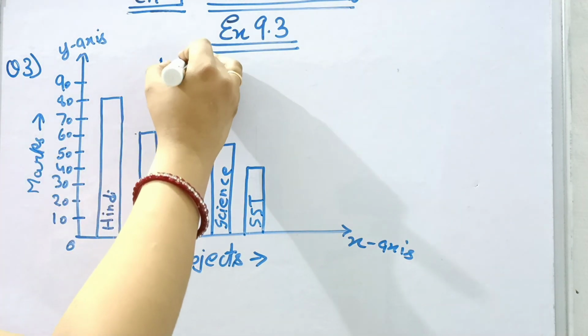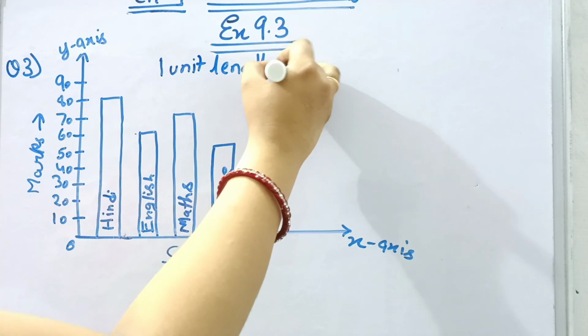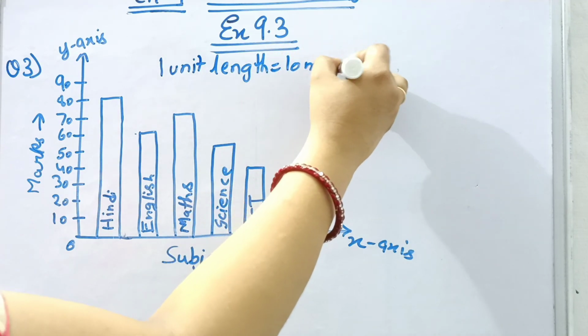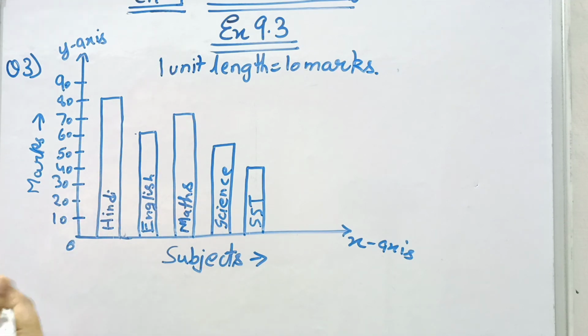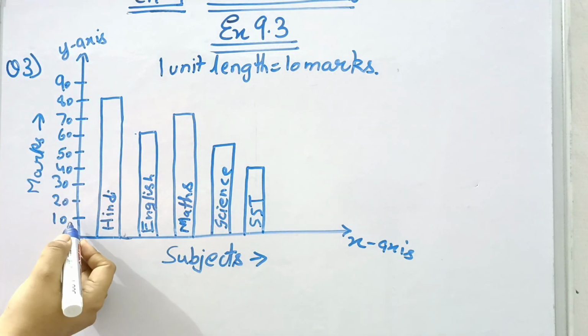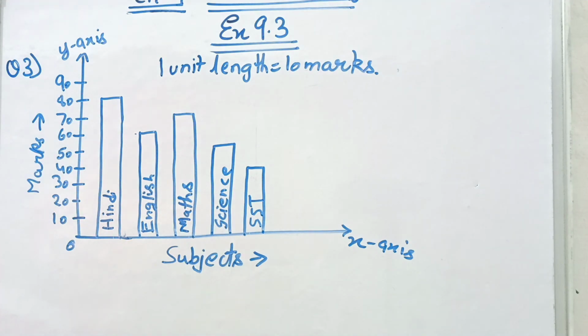And they have taken the scale as 1 unit length equal to 10 marks. Which means after 0, the first number which we will write on y-axis will be 10. So this is equal to 1 unit and this 1 unit is equal to 10 marks. So then we will write 10, 20, 30, 40 up to 90.